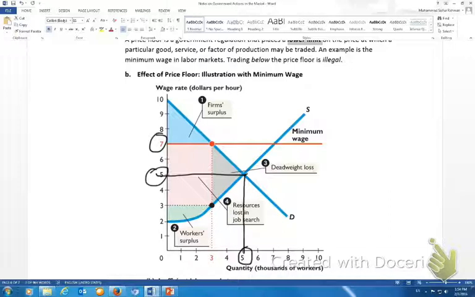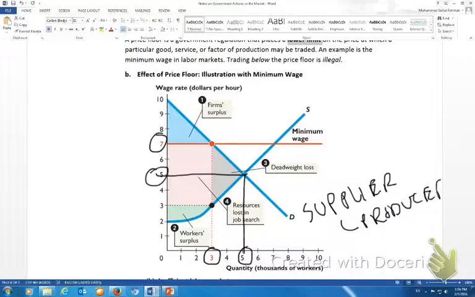And since the producers cannot really ignore this rule, what they are going to do is demand fewer workers. So they are going to hire 3 workers. Please remember, this is a labor market, so the demand curve is where the producers are, and supply is where the workers are.